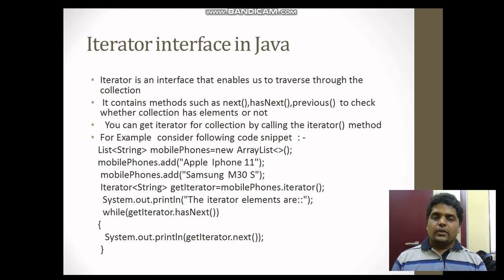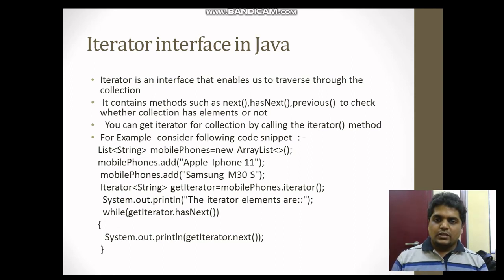Lastly we have the Iterator interface in Java. Iterator is an interface that enables us to traverse through collections. It contains methods such as hasNext to check whether a collection has more elements or not. Basically when we need to traverse through the entire collection, Iterator is used. You can get an iterator for a collection by calling the iterator method. As an example, I've taken a mobilePhones list and instantiated it using ArrayList.